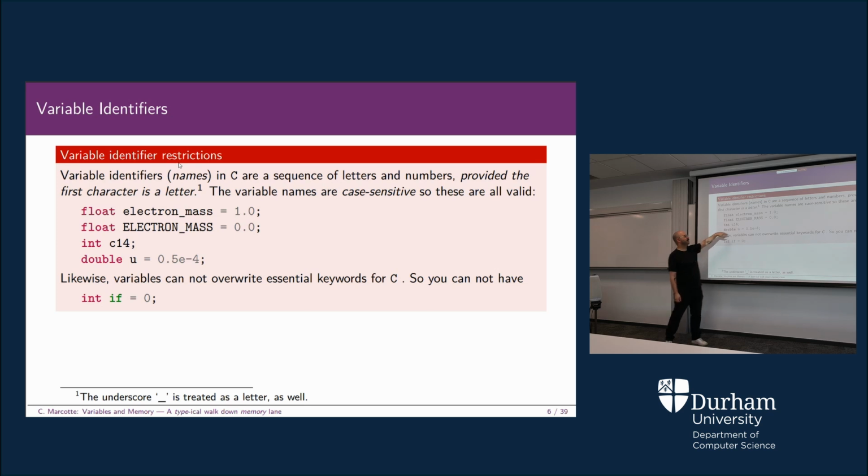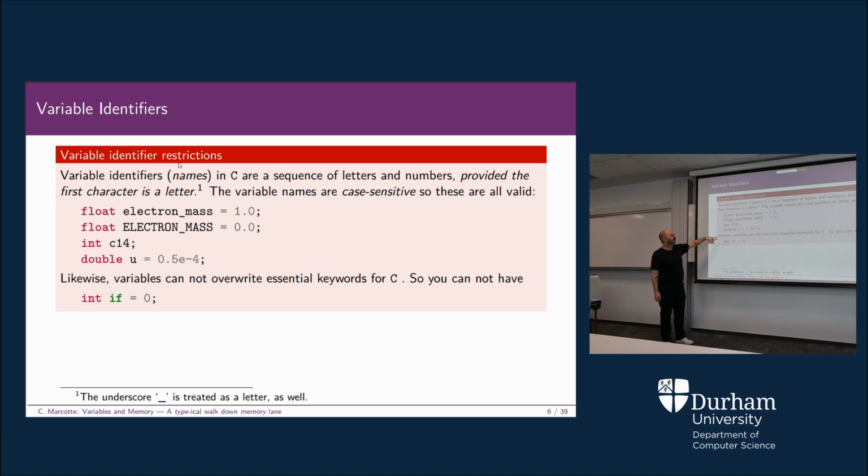So you have a float, lowercase electron_mass set equal to 1, a float ELECTRON_MASS all caps set equal to 0, an integer C14, and a double U equals 0.5 times 10 to the minus 4. Those four are all valid declarations of variables.